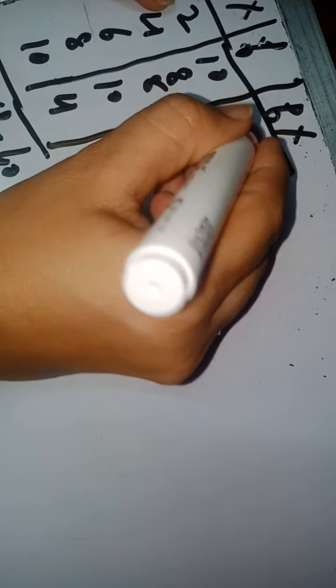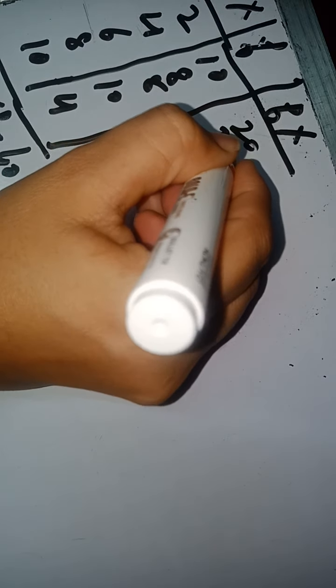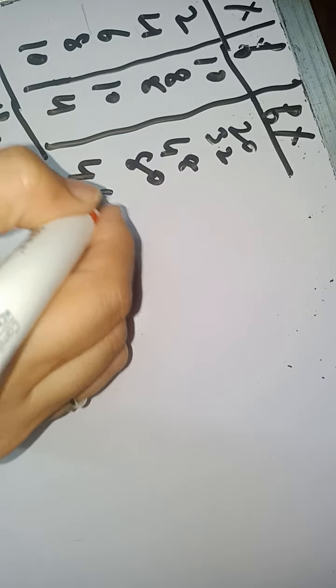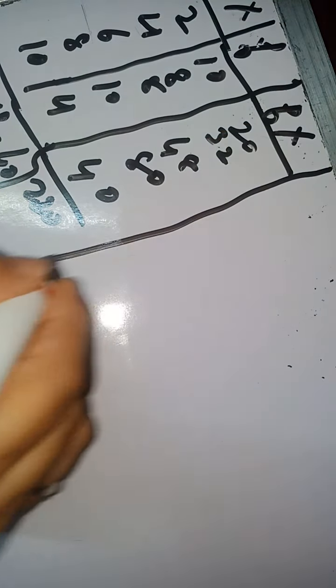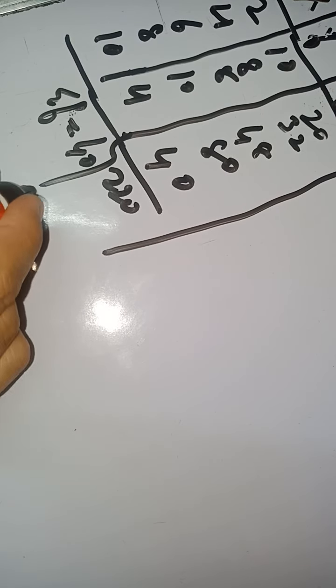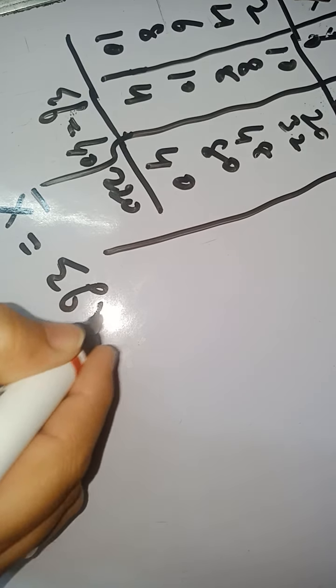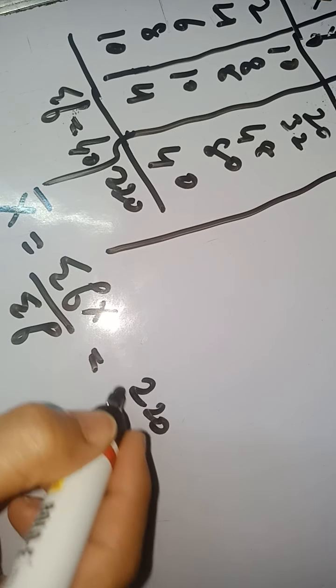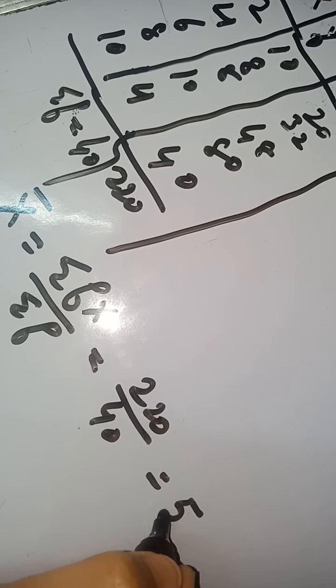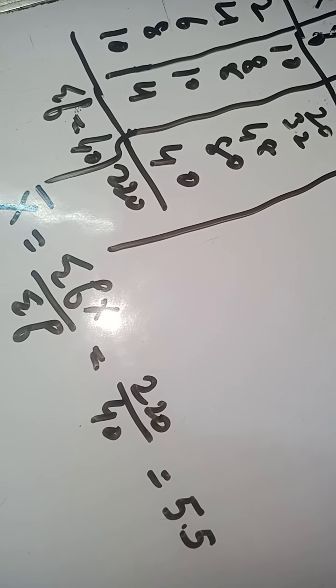We get 2 into 10, 20; next is 32; next is 48; next is 80; next is 40. So this value is 220. First of all we find the mean, and we know that the mean is summation fx by summation f. That means 220 by 40, which equals 5.5.